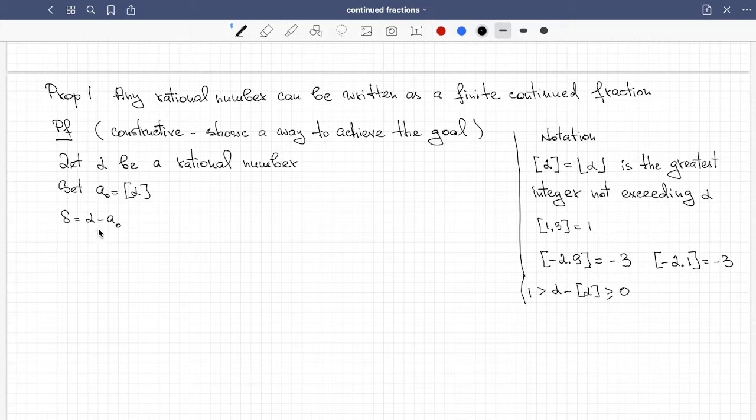So we set delta to be this difference, and according to this inequality, we have that delta is between 0 and 1, just because of this inequality. We are done if delta is 0.